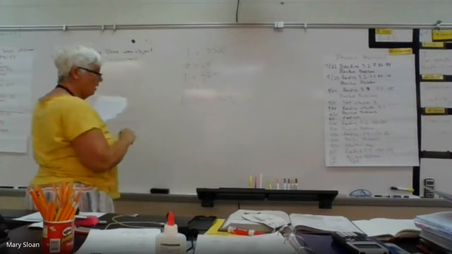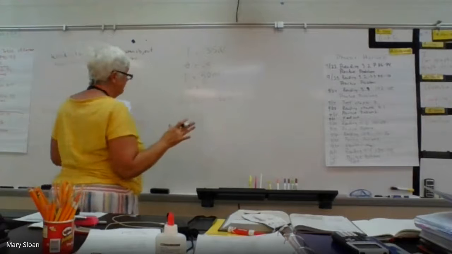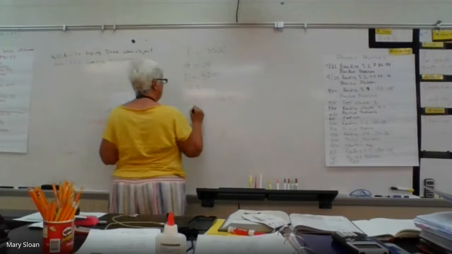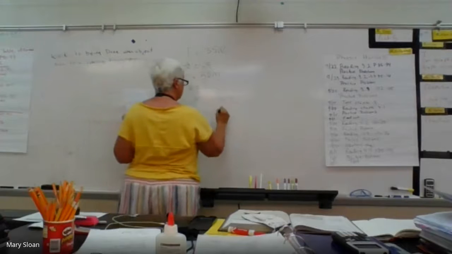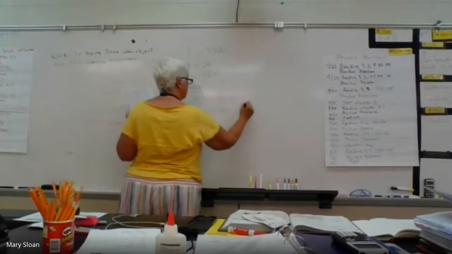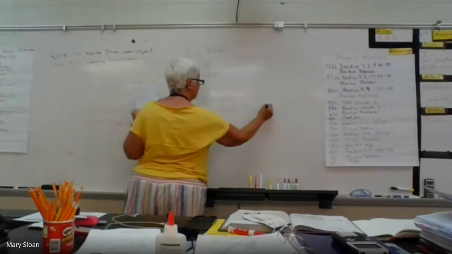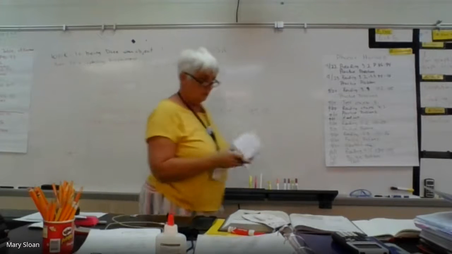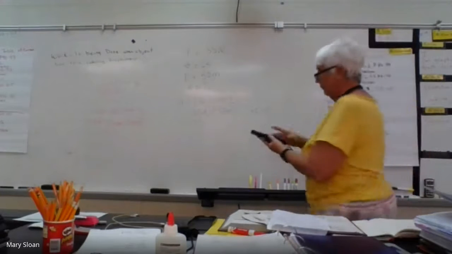Since we're looking for work, we don't even have to change this equation. So we say, all right, 35 newtons times 50 meters, cosine, and then our angle is 25. So Abby, can you put that in your calculator and tell me what you get?